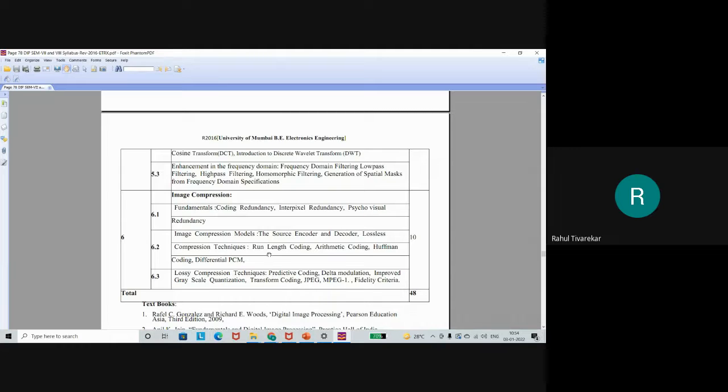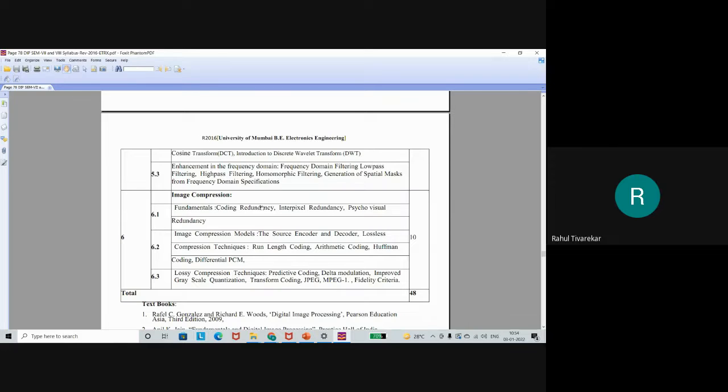So basically, we will be learning some applications of different coding techniques which we have already learned, such as Shannon-Fano coding, Huffman coding, coding redundancy, and coding efficiency. So I think you might have learned all this in the digital communication subject.